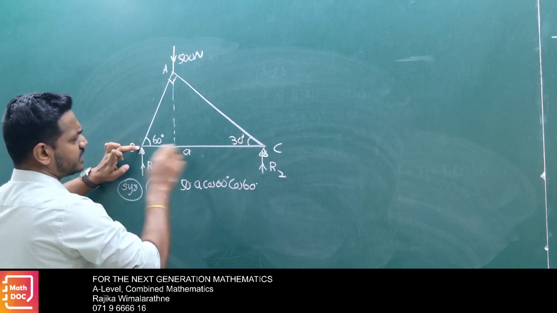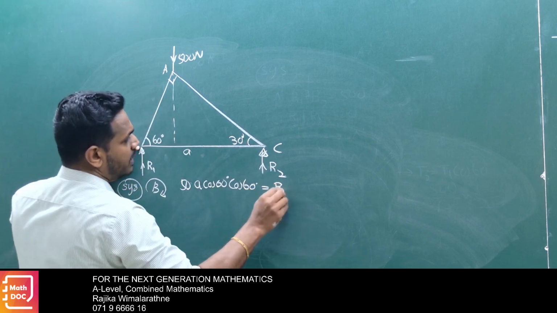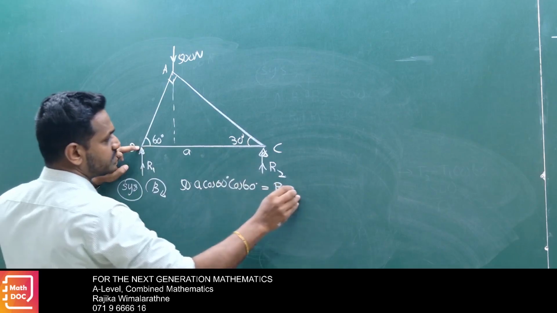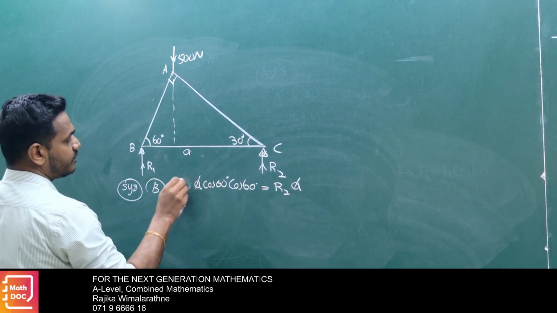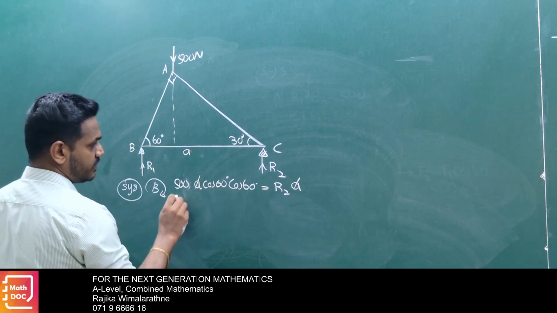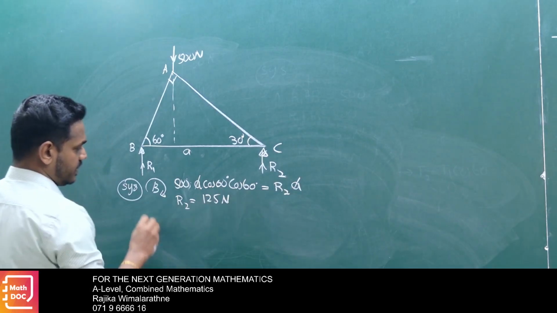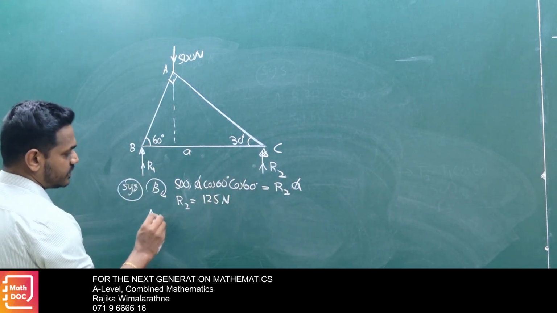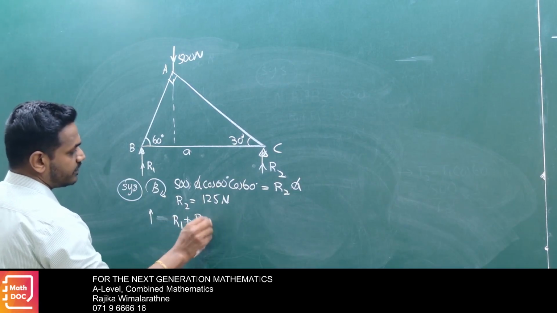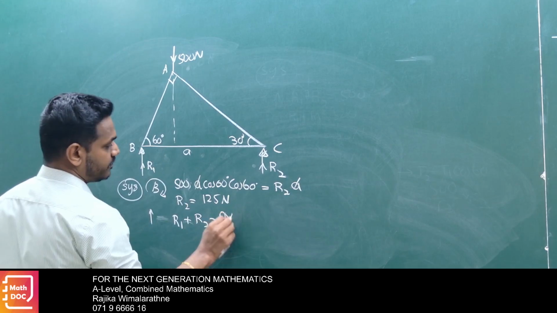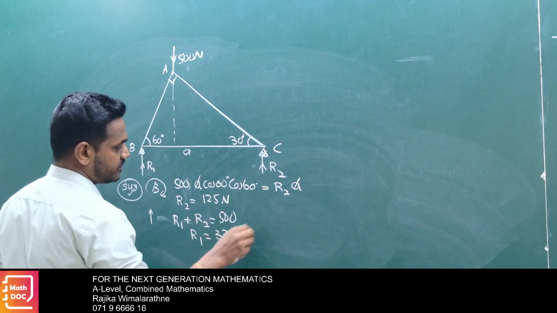Again resolve, equal to R2 times the perpendicular distance, which is A. Half of 500, then R2 is 125 Newton. Consider vertical forces: R1 plus R2 equals 500, then R1 equals 375 Newtons.